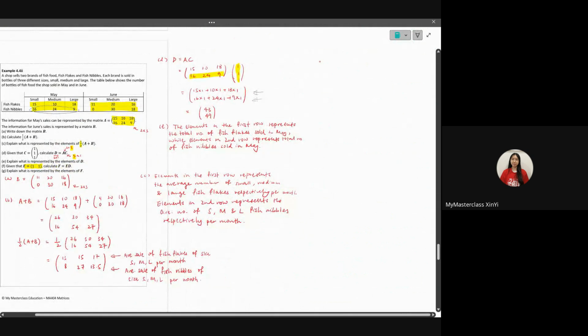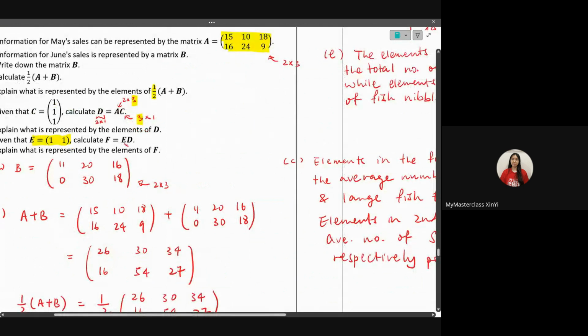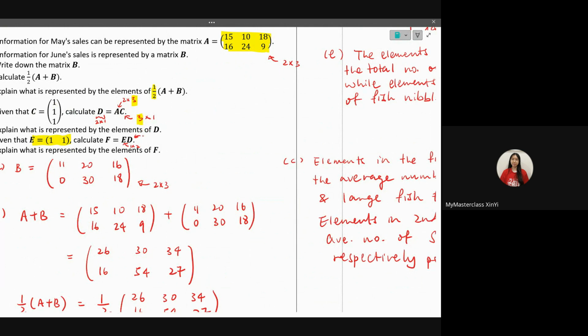For part F, you have E equals 1, 1. Let's check again first. E is a 1 by 2 matrix. D is a 2 by 1 matrix. So these two fit. So what you're going to end up with, F is going to be a 1 by 1 matrix.